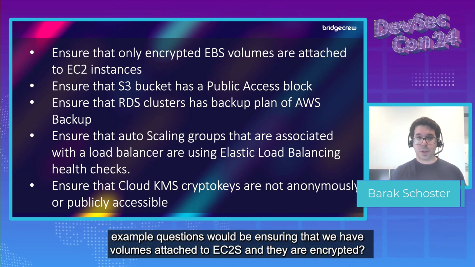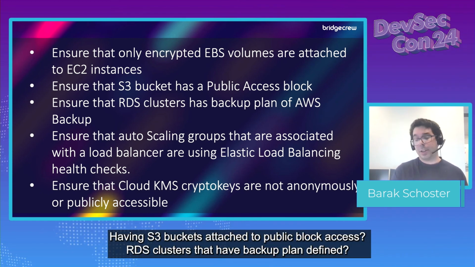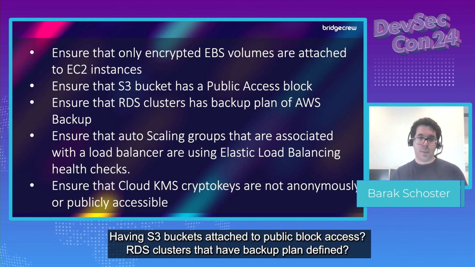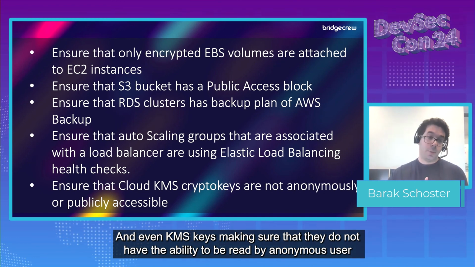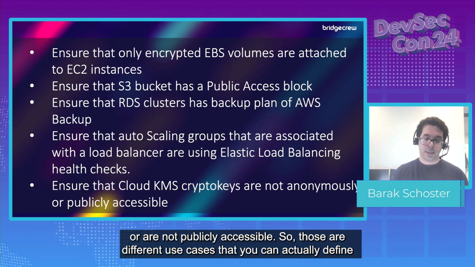So example questions would be ensuring that we have volumes attached to EC2s and they are encrypted, having S3 buckets attached to public block access, RDS clusters that have a backup plan defined, and even KMS keys, making sure that they do not have the ability to be read by anonymous users or are not publicly accessible.